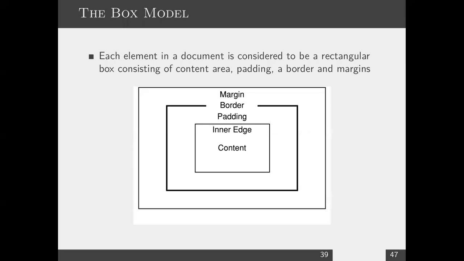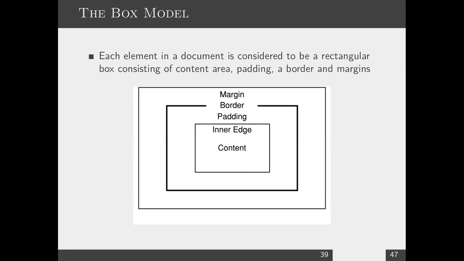So in a paragraph, you can have some content, and some padding, that is the distance between the content and the inner walls of that paragraph. Then it can also have a border. We'll see how you can put a border, like a box around that paragraph.